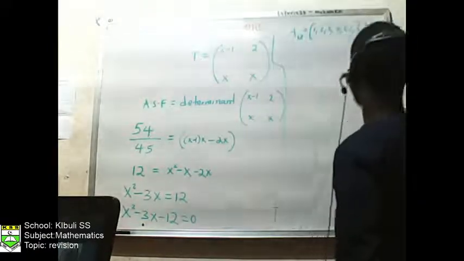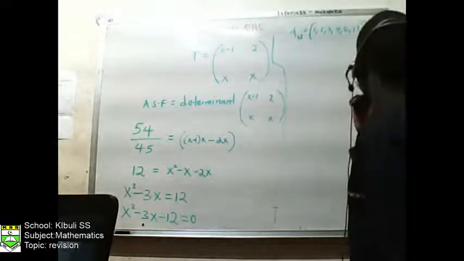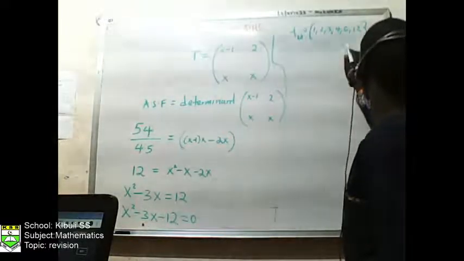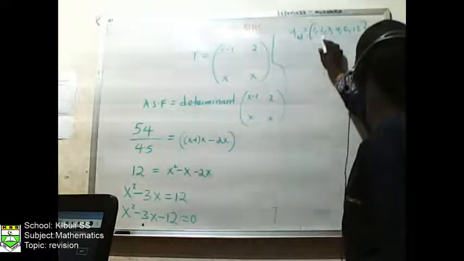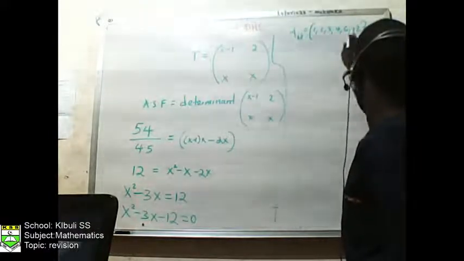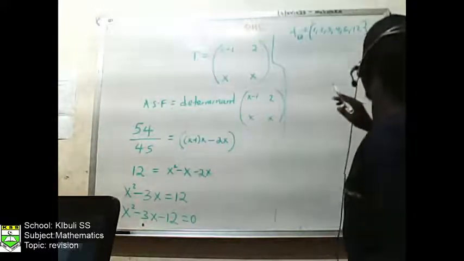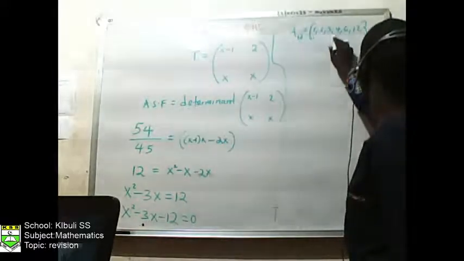So I try to see. Now what if I get 6, which can give me 12 when I relate it with 2? Then 4 and 3.